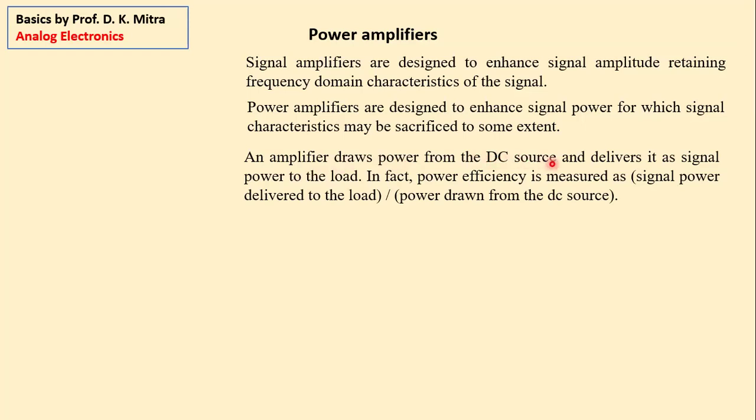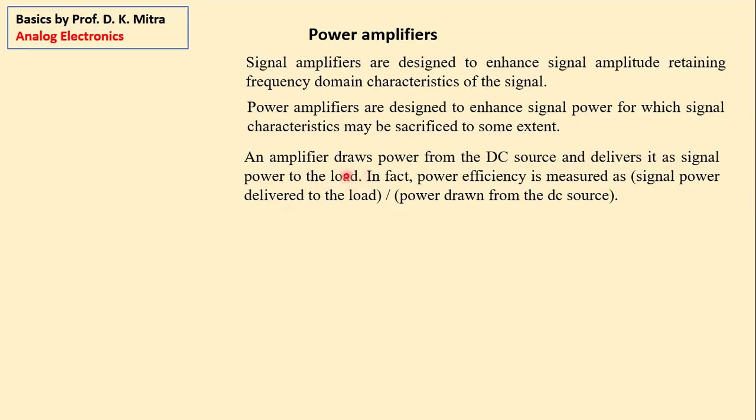That means it could be a mobile battery, or it could be a huge AC to DC converter. If you are using a huge sound box or sound system, it draws power from the DC source and delivers it as signal power to the load, maybe to the speaker or to the horn, mic, etc.